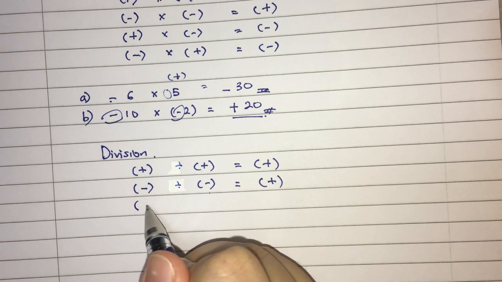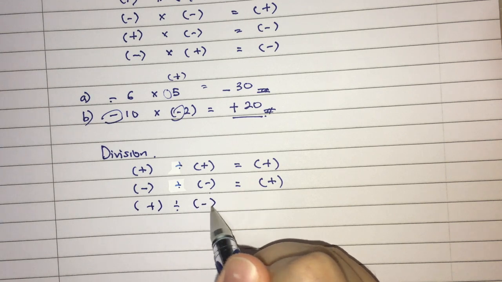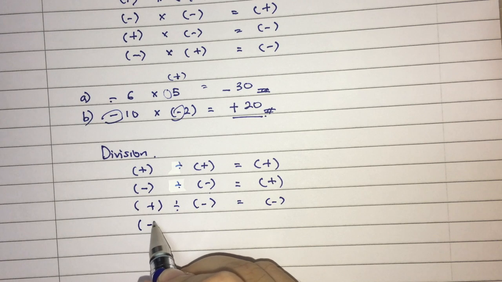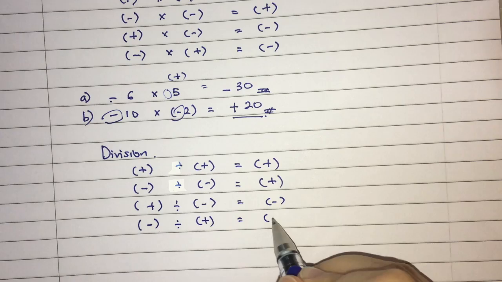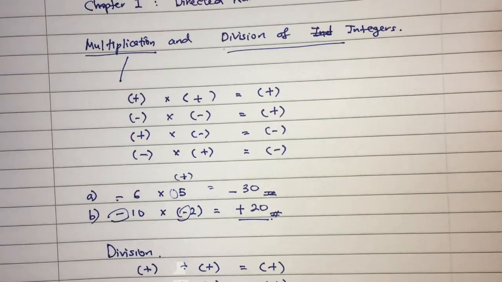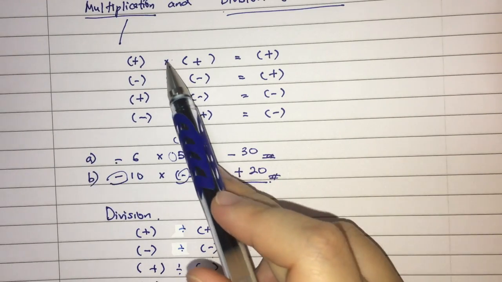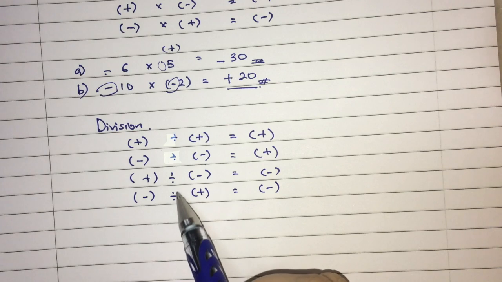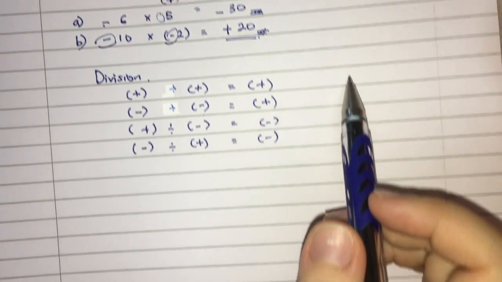And if we get a positive sign divided by a negative sign, we will get a negative sign. While if we get a negative sign divided by a positive sign, we will also get a negative sign. So actually, both of these are the same. It's just that this one is multiply, while this one is divide. Okay, so let's see some questions.